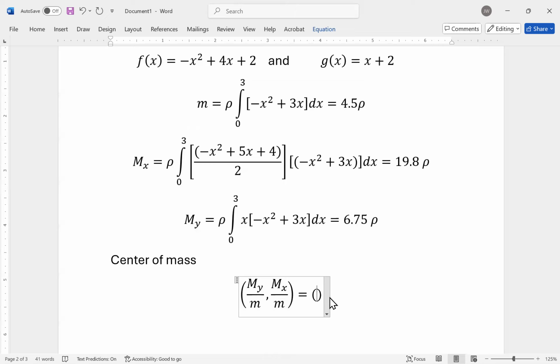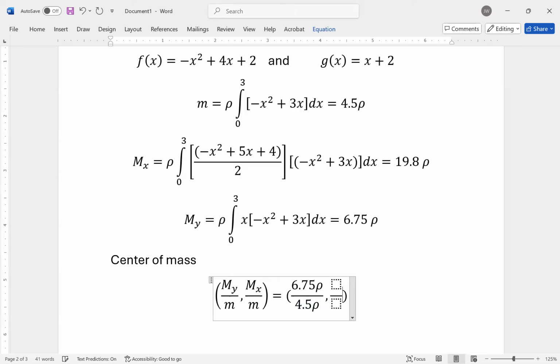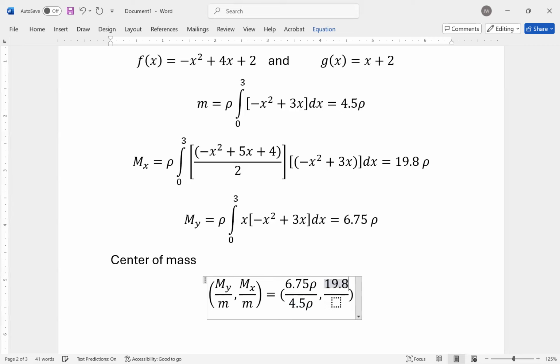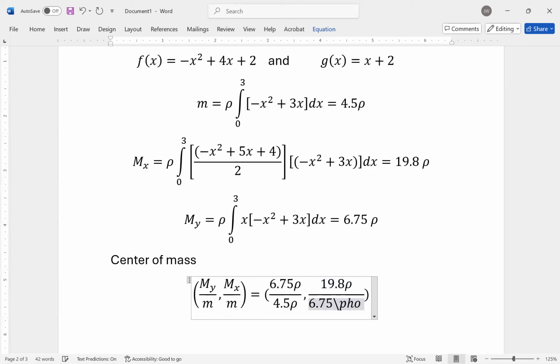So we're getting 6.75 times rho divided by 4.5 times rho as my x value. And then my y value is 19.8 times rho divided by 6.75 times rho. Oh, not faux, rho.